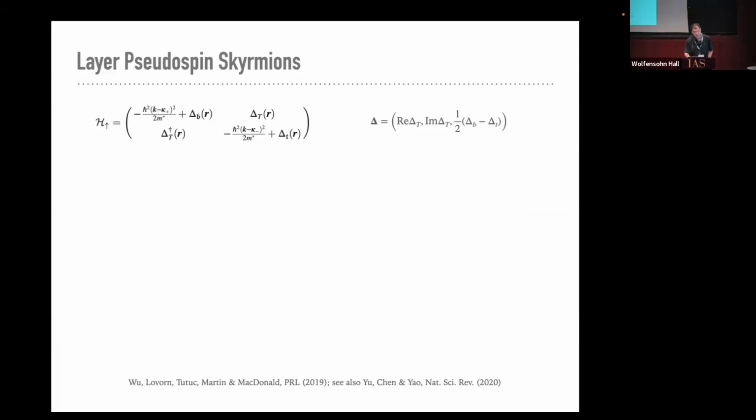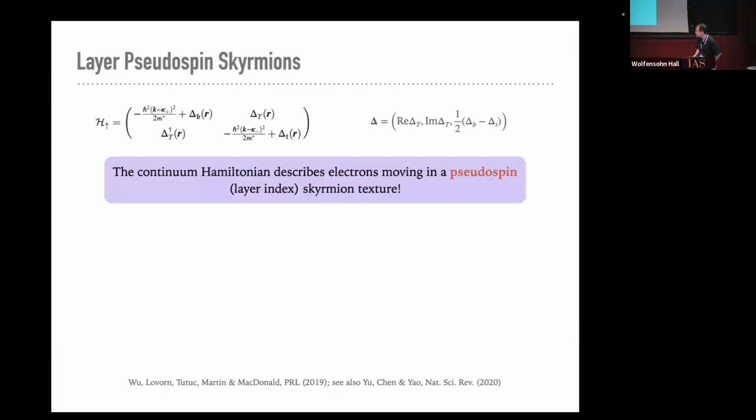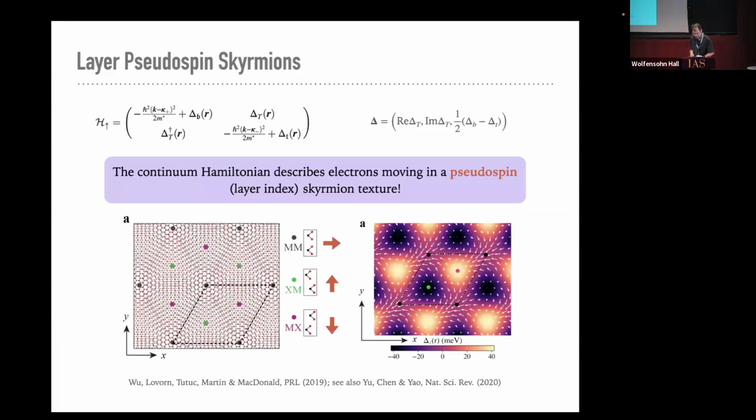So why is that? There's a very simple reason to understand this. As I said earlier, the effective Hamiltonian is basically a 2x2 Hamiltonian. So you can pull out the kinetic term, and then for the rest, they just form a spinor representation. Therefore, you can define a spin texture. And this spin texture is actually a skyrmion lattice in real space.